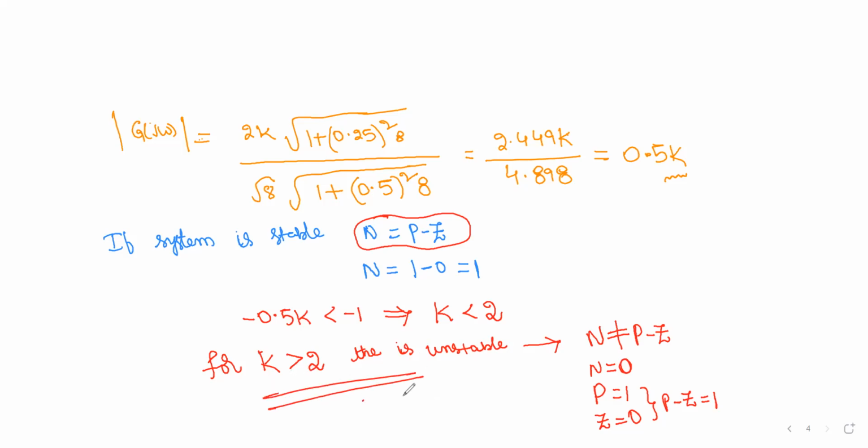So this is the solution for the given problem. So this is how to find the unknown value of K for a stable system by using Nyquist criterion.